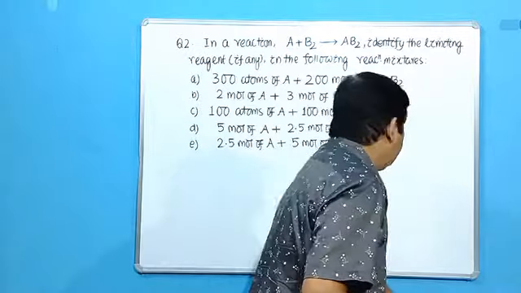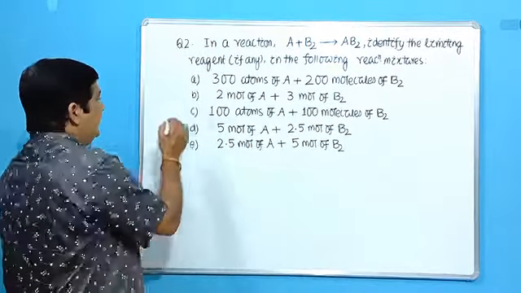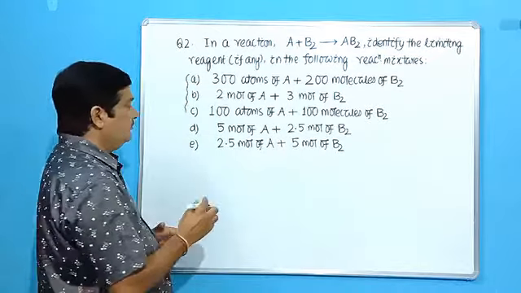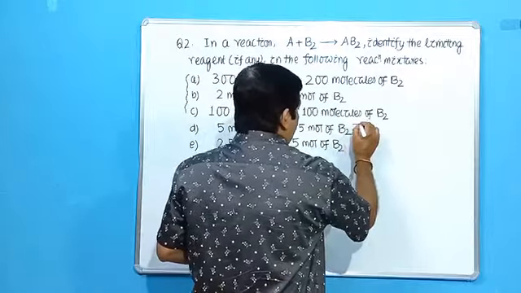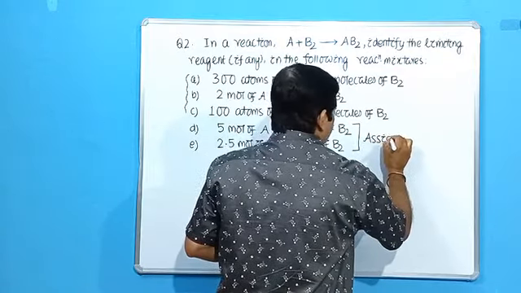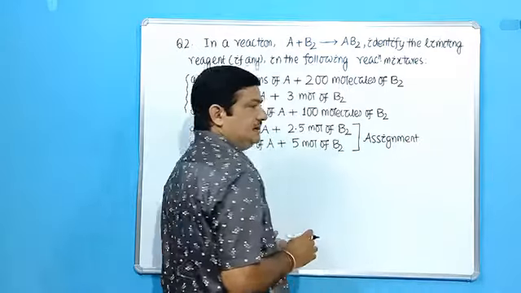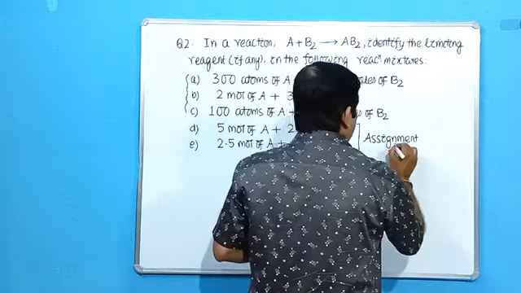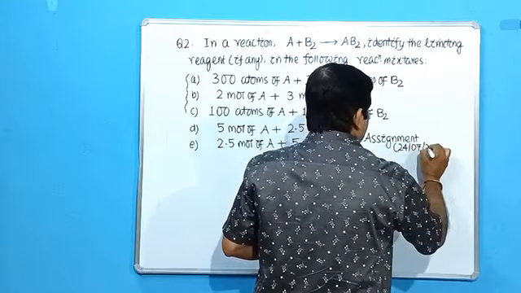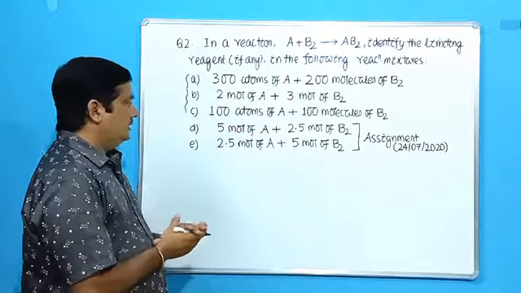Okay, so this is the question which you are going to solve. For your information, I will be solving only the first 3, and remember these 2 are the assignments for today's class, dated 24/07/2020.